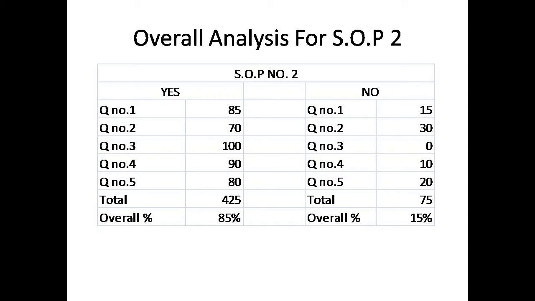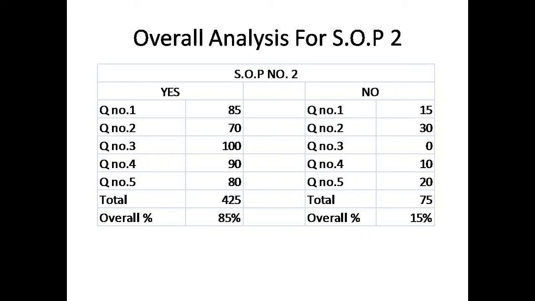Now we move on to the overall analysis for SOP number 2. The computation is still the same as the last time for SOP number 1, and I'll explain it again. We added all the overall percentages for each answer as shown here, and we divided it by 5 and multiplied it by 100 to get the percentage.